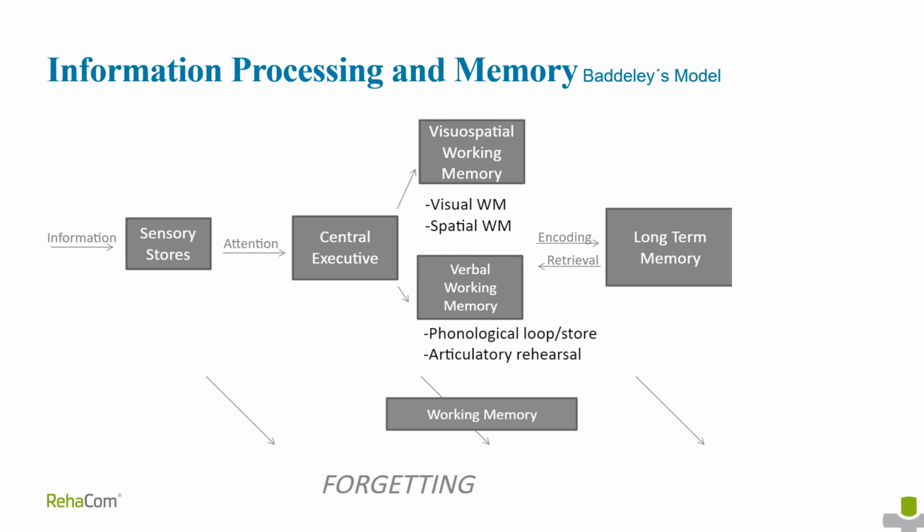Another important finding about working memory is that it is of limited capacity. The average person can only hold 4 to 7 pieces of information at a time. But combining complex information into recognizable chunks helps to fit it into working memory.